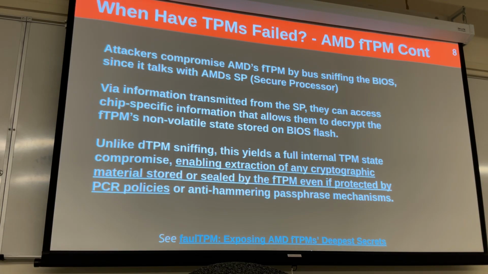AMD, unfortunately, had this thing called the secure processor, which was talking with the TPM, and that was sending information back and forth to the BIOS, I believe. So they were able to bus sniff the BIOS line, and get kind of the same result. They didn't really get away from it. They still were transmitting information on and off the chip.